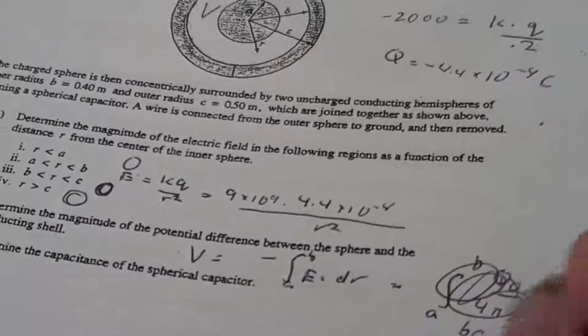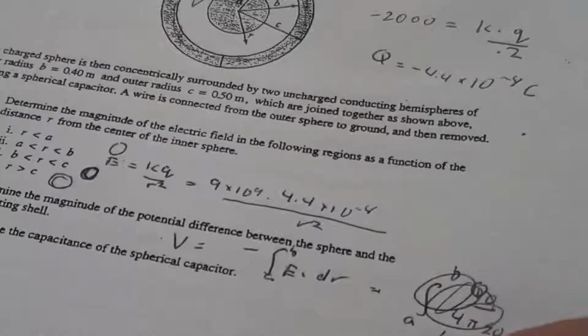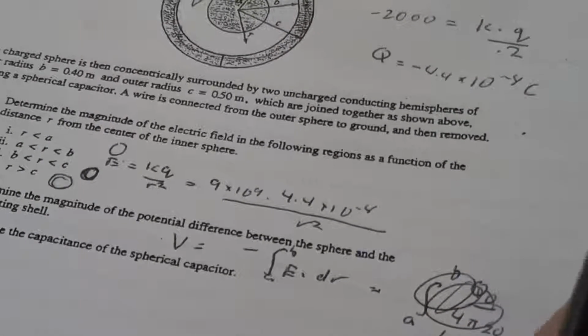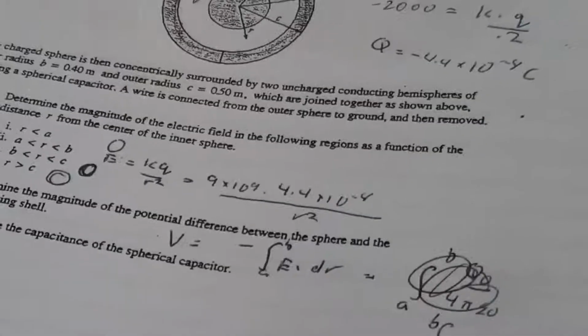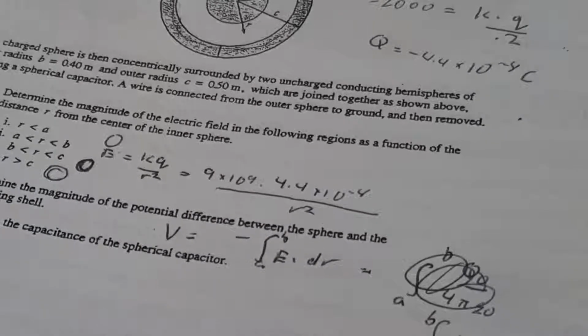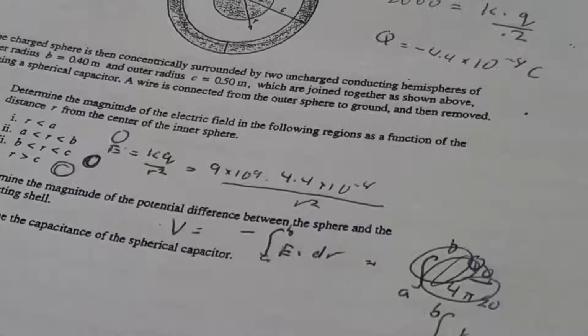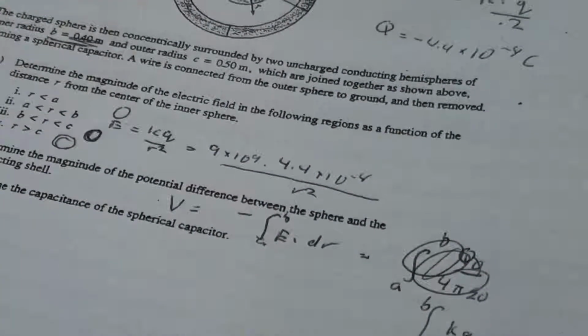Then with simple calculus, the answer turns out to be KQ times 1 over B minus 1 over A. And that would be the potential, where you would then plug in the values, K is 9 times 10 to the 9th, Q would be the Q naught initially given, and 1 over B minus 1 over A is given here, B and A. If you plug it in right, it should turn out to be 1,000 volts.